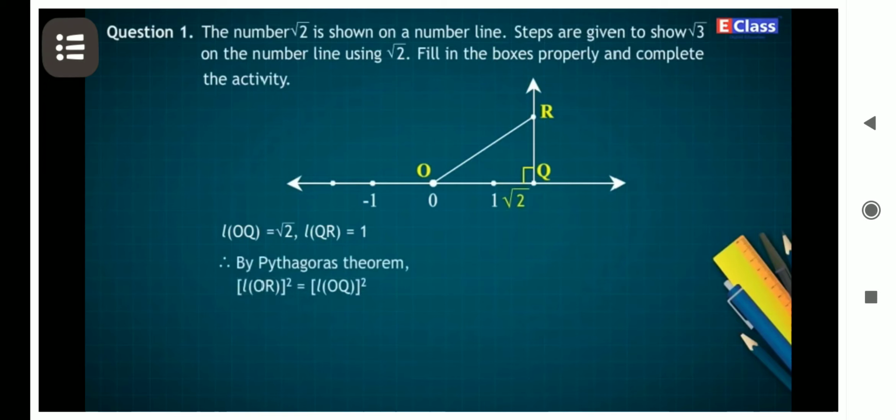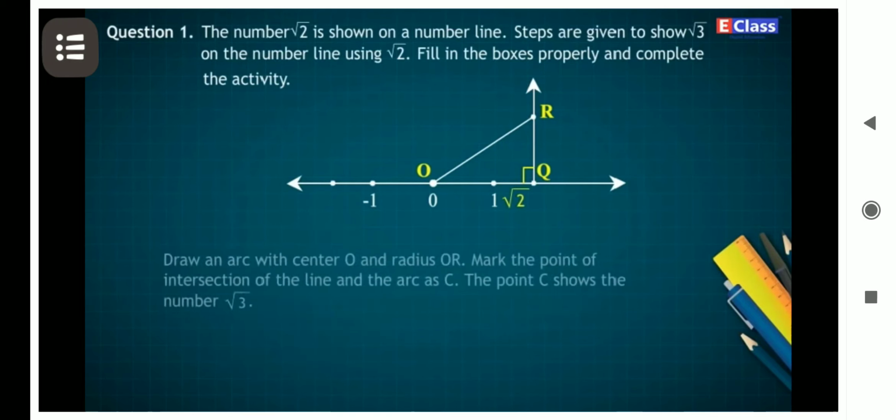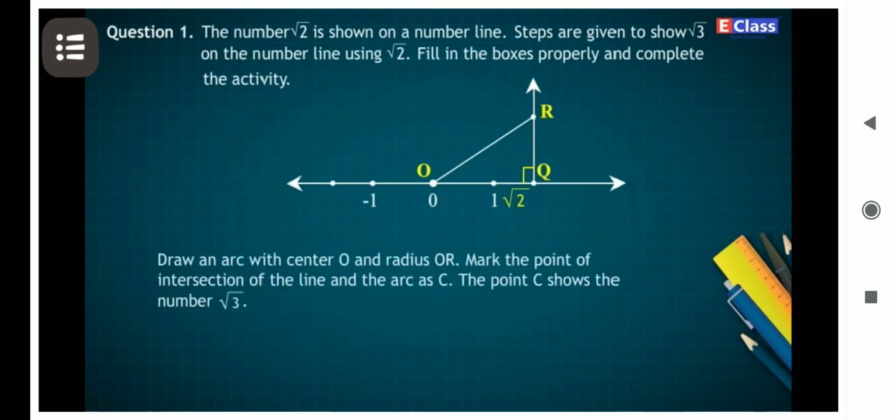Therefore, by Pythagoras theorem, square of length OR is equal to the square of length OQ plus the square of length QR. Replacing the value and solving it, we get the length of OR as the square root of 3. Draw an arc with center O and radius OR. Mark the point of intersection of the line and the arc as C. The point C shows the number square root of 3.